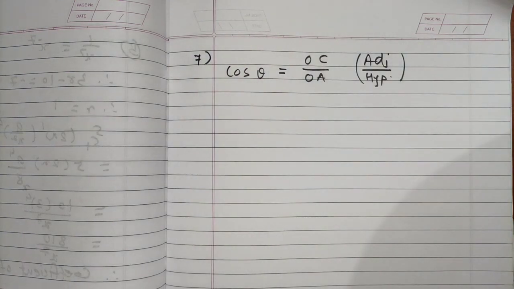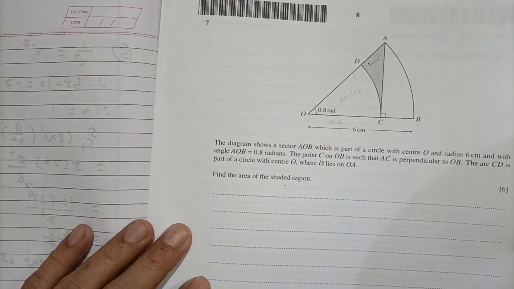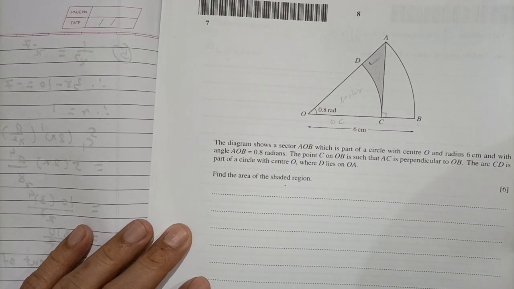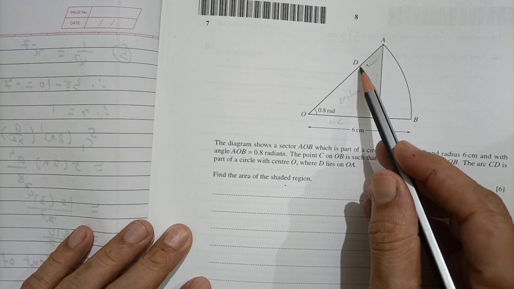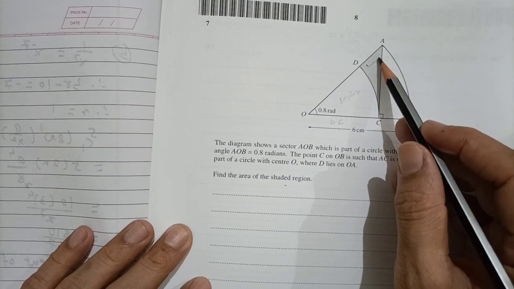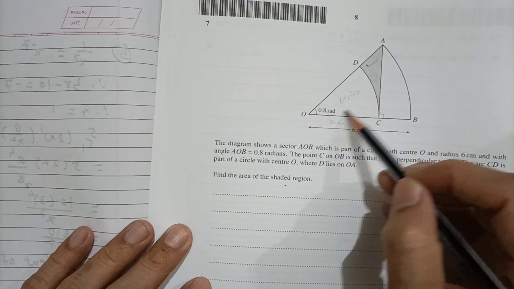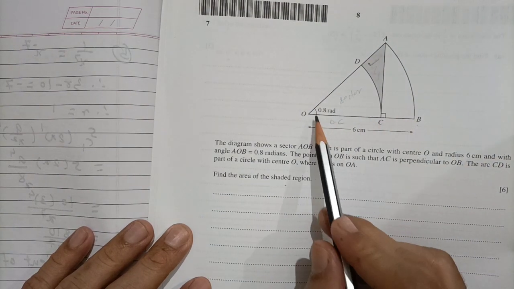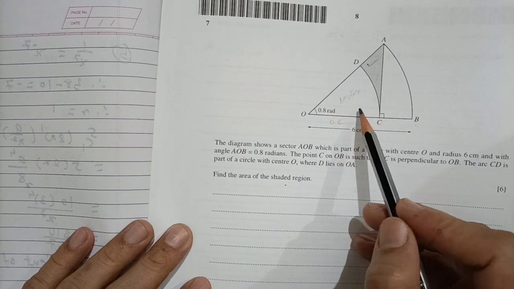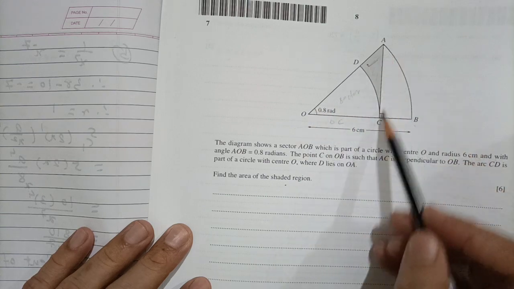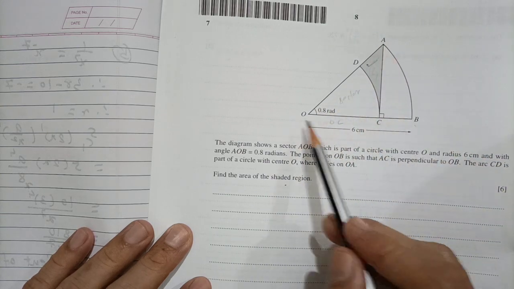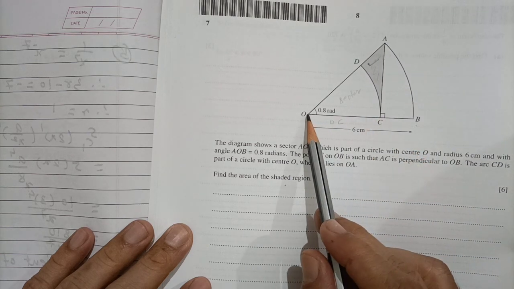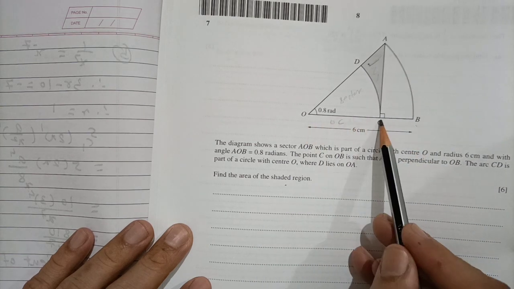We will see again why we need to find OC. We need to find the shaded region. For that we need to subtract this sector area from this triangle. So we need to find first this sector area and then the area of that triangle. In that, OC is not given.